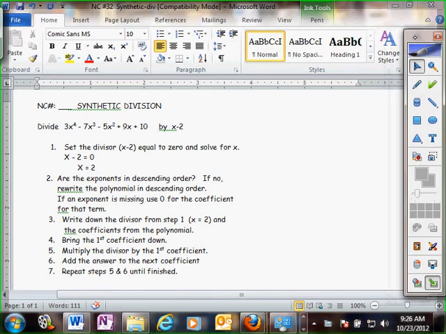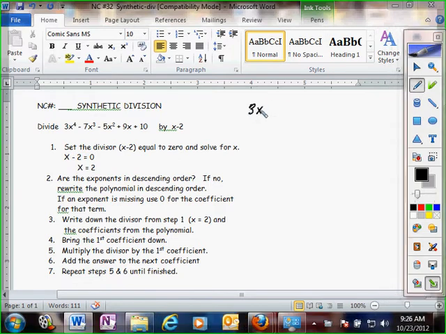This is what a problem might look like when it's given to you, divided by x minus 2. I gave you a list of things to do to work through, and we'll work through them with this first problem.